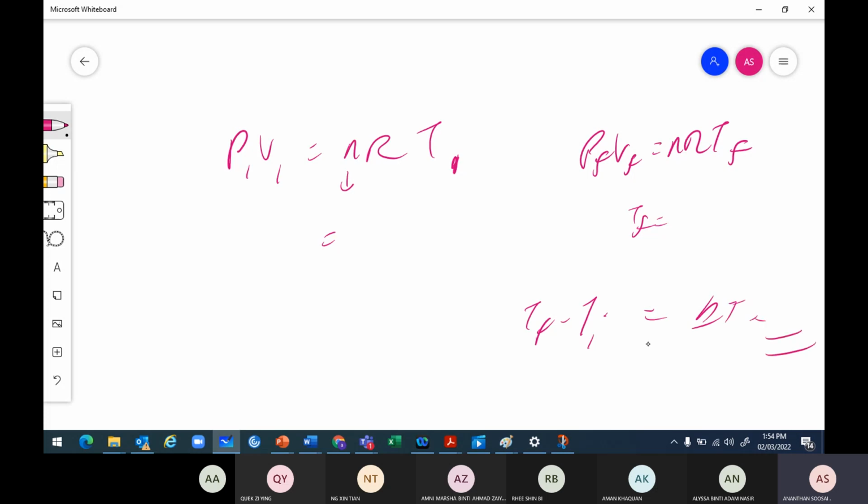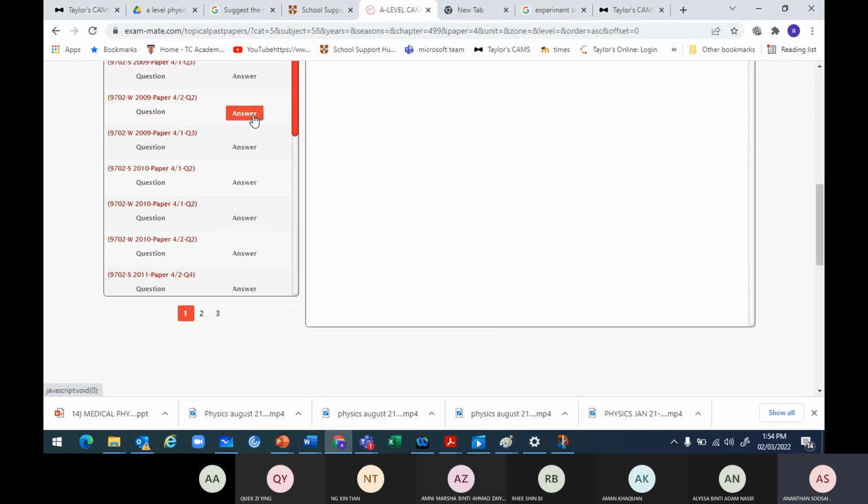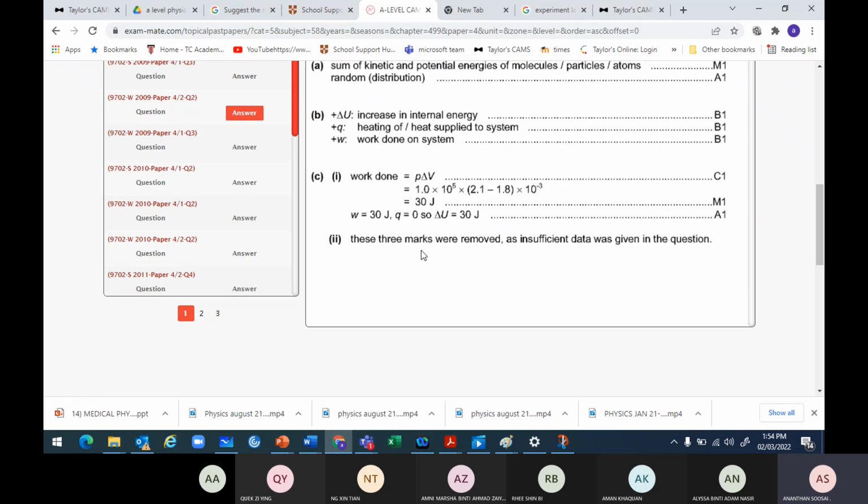P initial and P final are actually the same. So this is the technique you're supposed to use. But it has to be a closed system. Okay, I don't know why they put these 3 marks were removed. Insufficient data. See now.